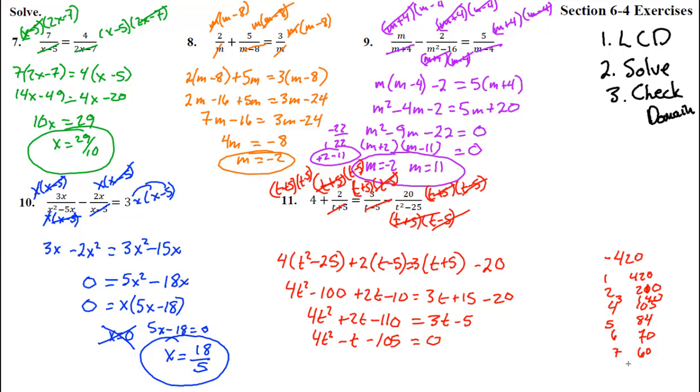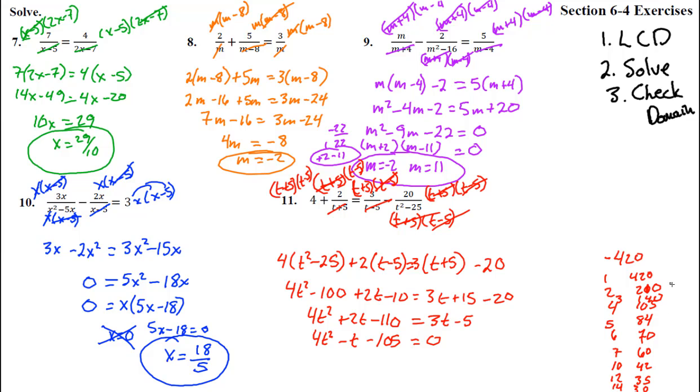Oh my goodness, that's a lot of them. 8 will not go into it. 10 will go into it 42 times. 12 will go into it 35 times. 14 will go into it 30 times.